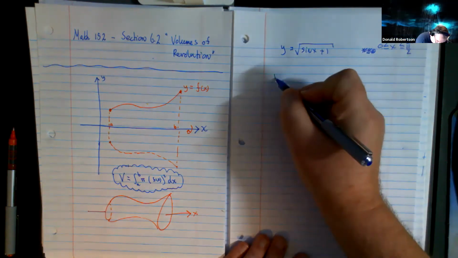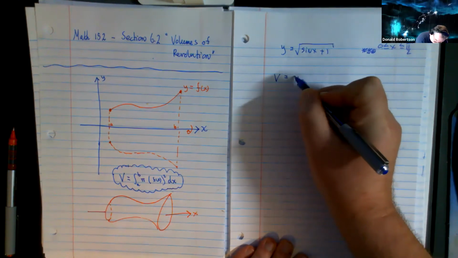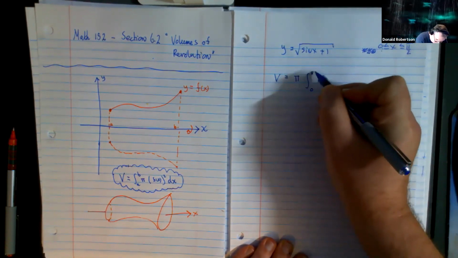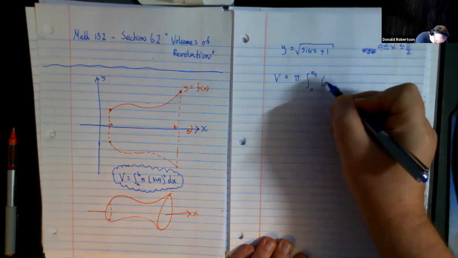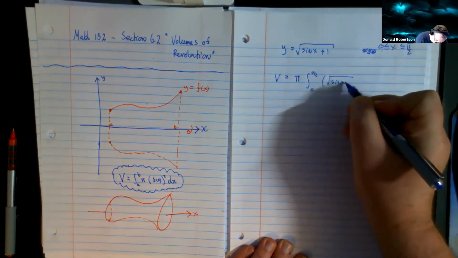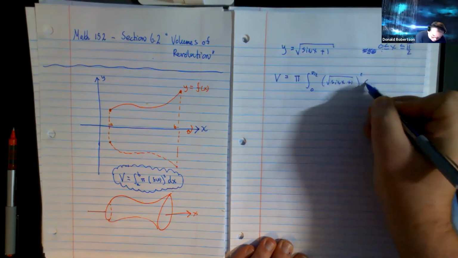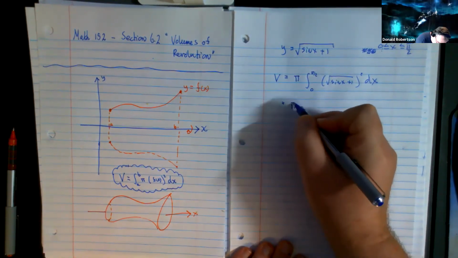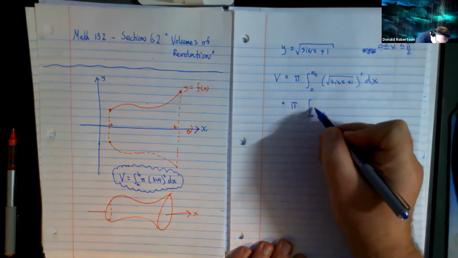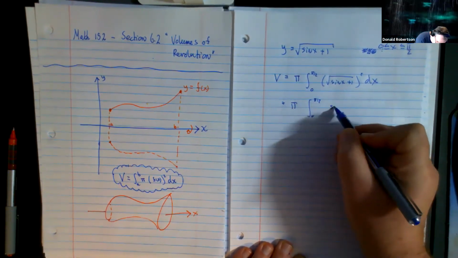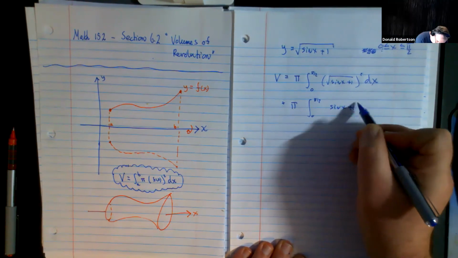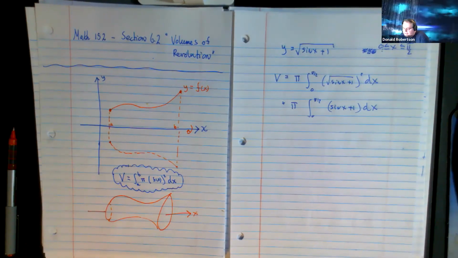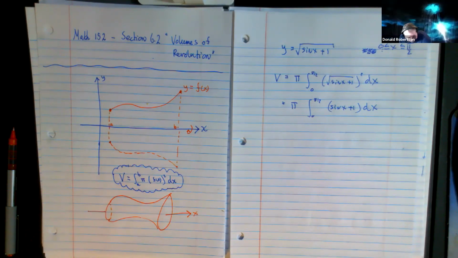So we can just go straight into the volume. Pi, the integral from 0 to pi upon 2 of the function, which is that guy. If you square a square root, don't those two processes essentially cancel out and you just get whatever's inside the square root?